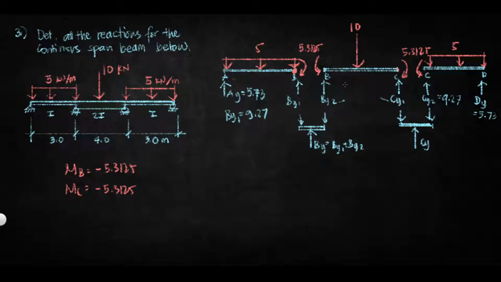So, mag-moment tayo sa point B. Okay, so point B tayo mag-moment, we have 10 times 2 plus 5.3125 minus 5.3125. Then we have minus CY1 times 4 is equal to 0. So we have 5 as your CY1. So 5 ito.